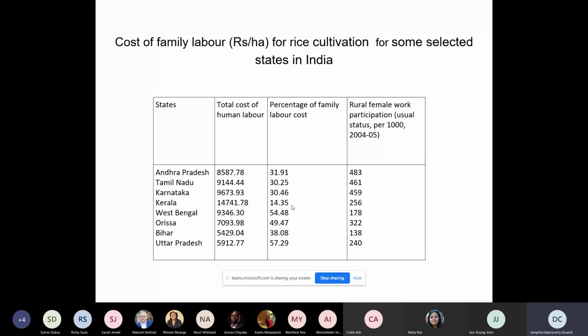All right. So coming back to the argument I was trying to make. This tells you very clearly, if the percentage of family labor cost is so high, who are the people who take care of cultivation in a particular state? Naturally, if the cost of family labor is so high, it is done by family labor.